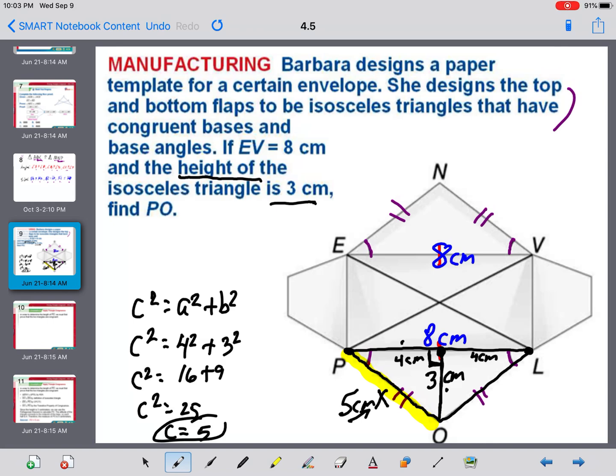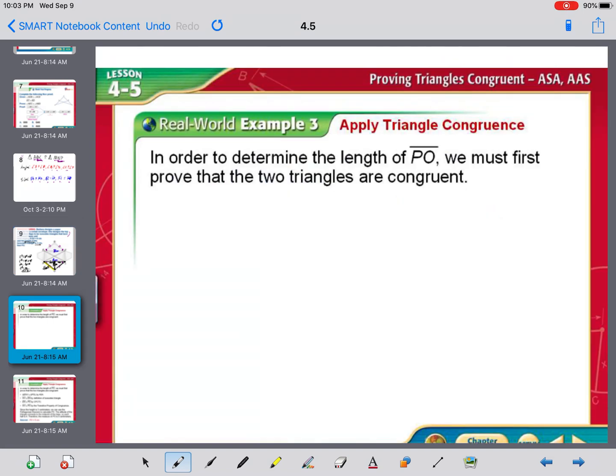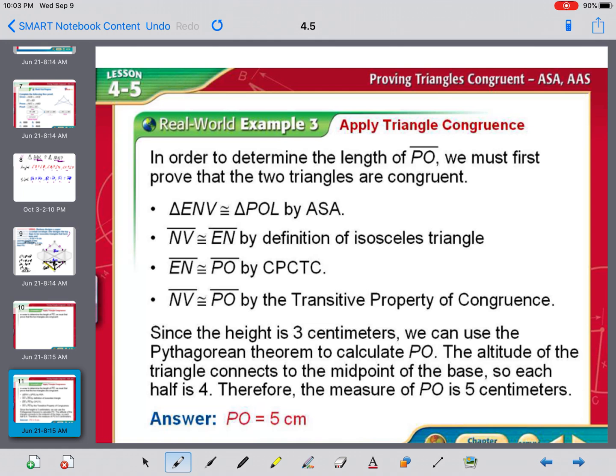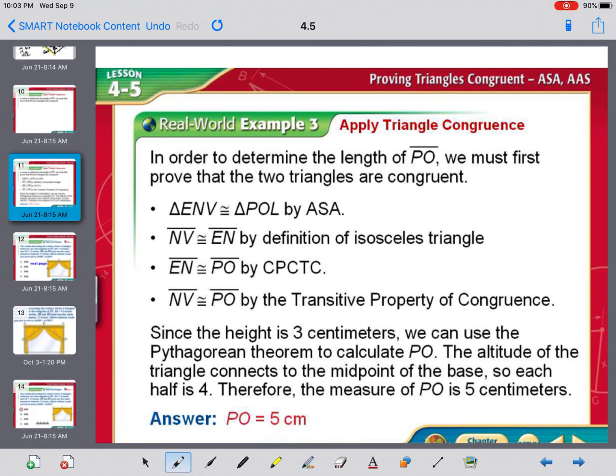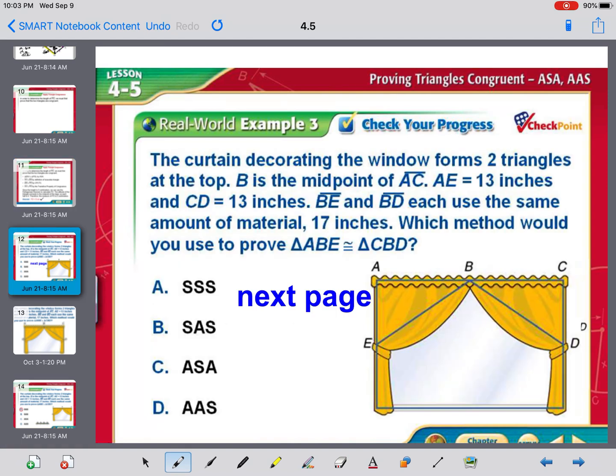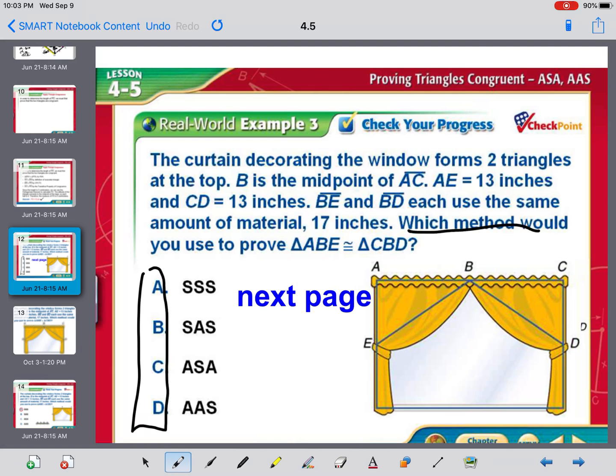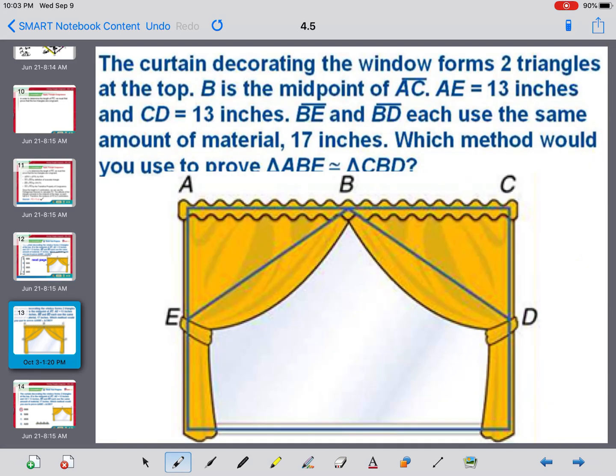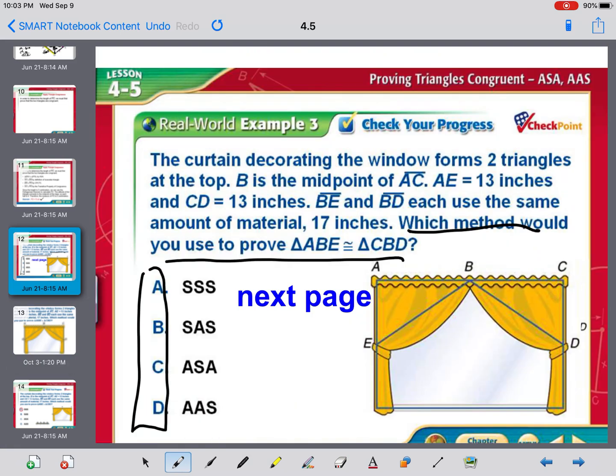So C squared is equal to 16 plus 9. C squared is equal to 25. C is equal to 5. That's the measure of this, 5 centimeters. And yes, that's the answer.